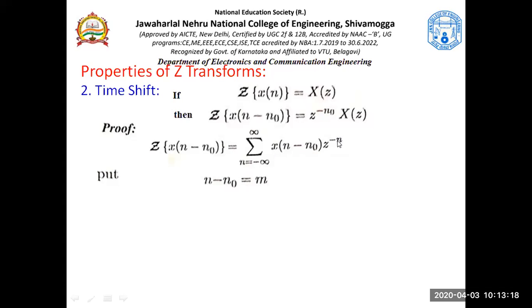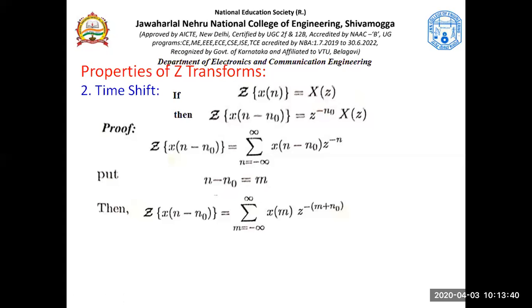That is what we can see in the next step. See here, n minus n naught is substituted as m, and this n is substituted as m plus n naught, because n is m plus n naught if this n naught is taken to the right hand side. This is how it is going to look like.